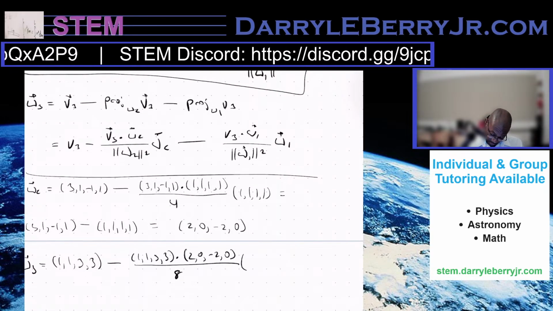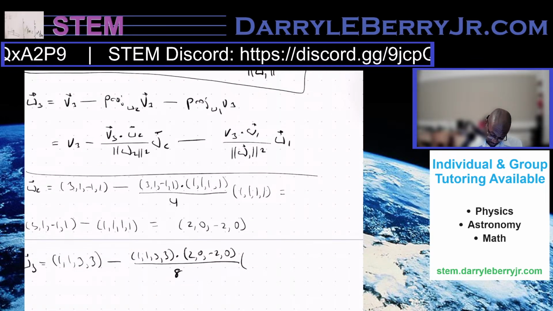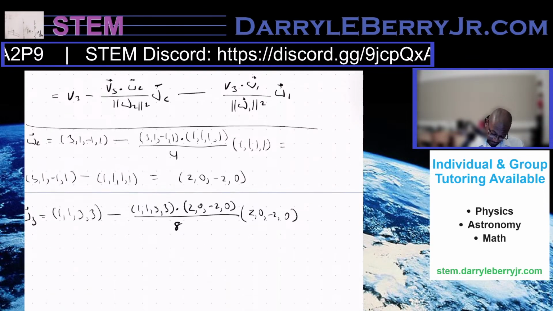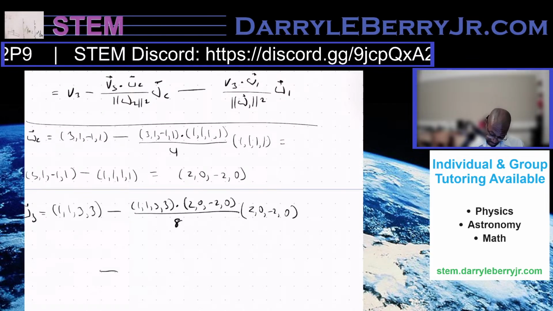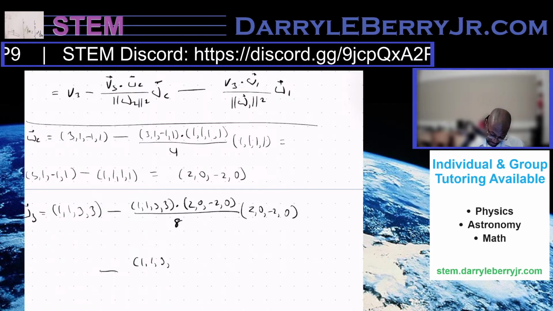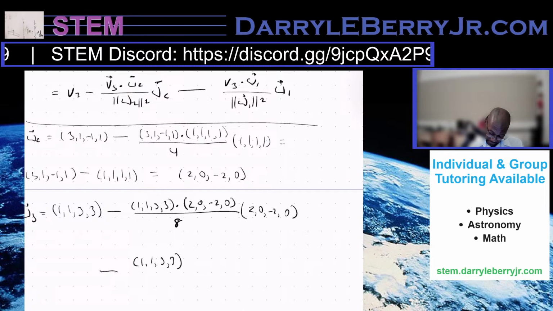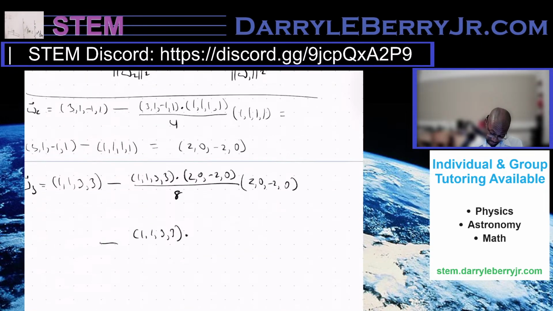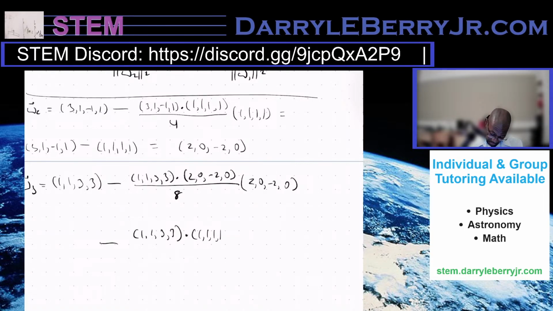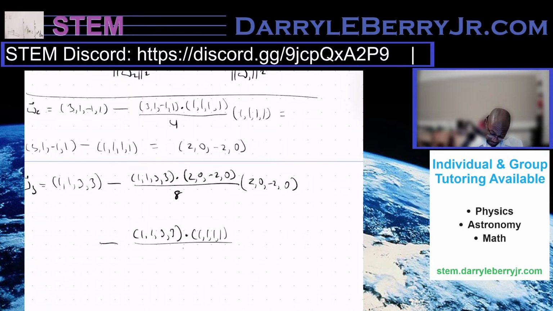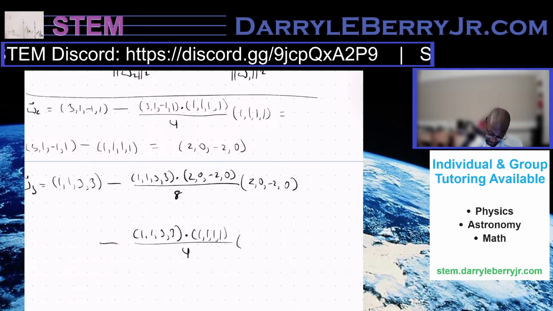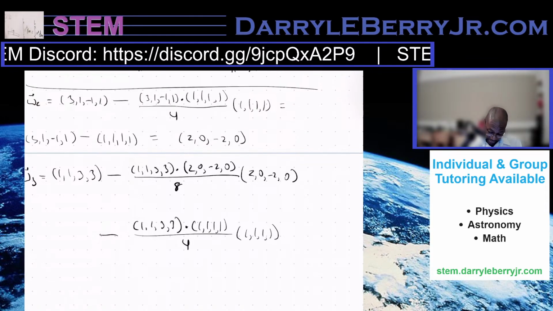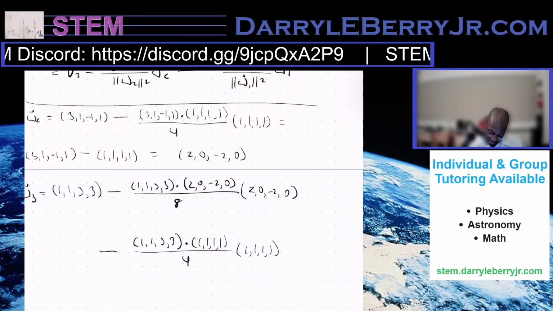And 2, 0, negative 2, 0, minus 1, 1, 3, 3. So the V3 carries over. That's the one that we're transforming. Now we go to W1 over 4, and the W part is the predominant.